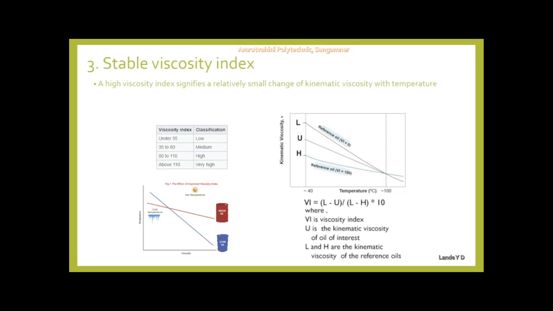3. Stable viscosity index. Stable viscosity index, VI, is a measure of how well an oil or lubricant can maintain its viscosity or thickness over a range of temperatures. The viscosity of oil changes with temperature, and oils with high stable VI will show minimal changes in viscosity over a wide temperature range.